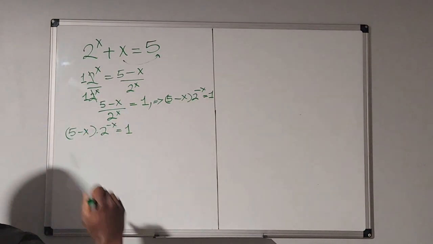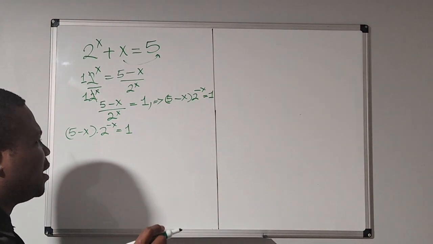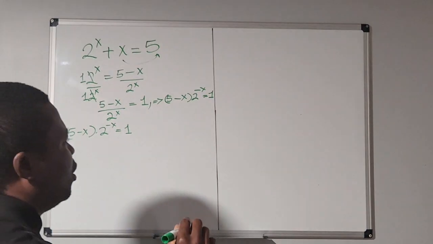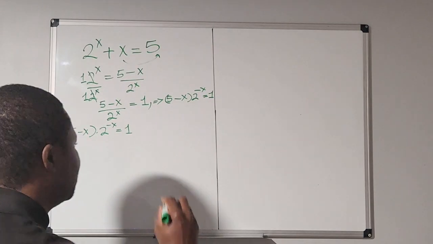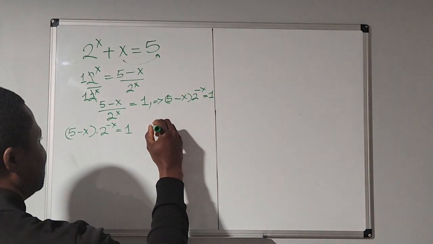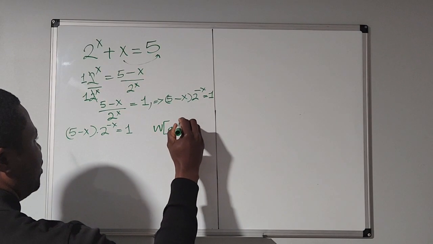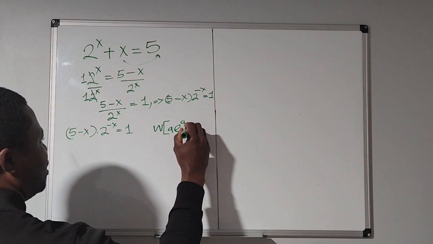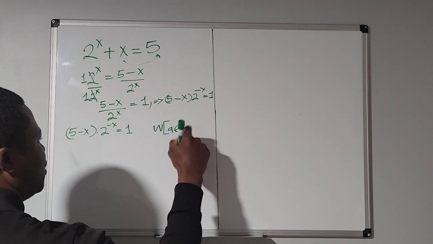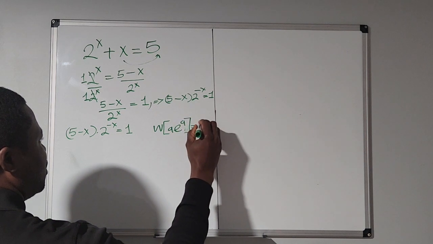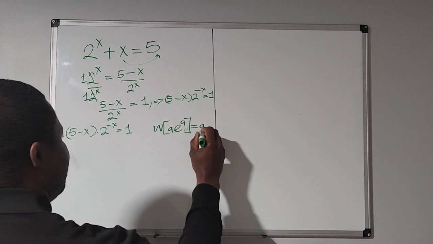Now, for us to carry on here to solve for the value of x, we need to employ the Lambert's rule. The Lambert's rule states that W of a e raised to power a is equal to a.